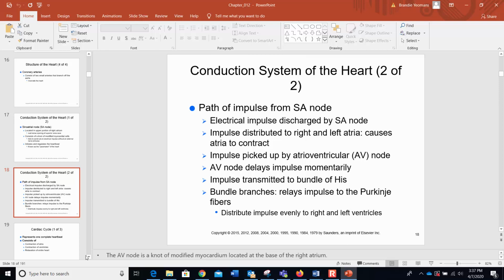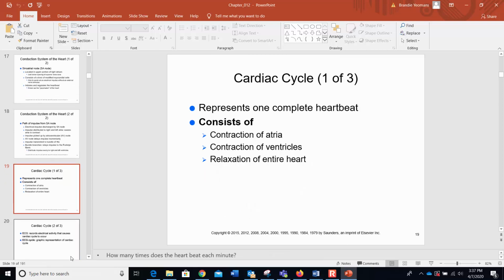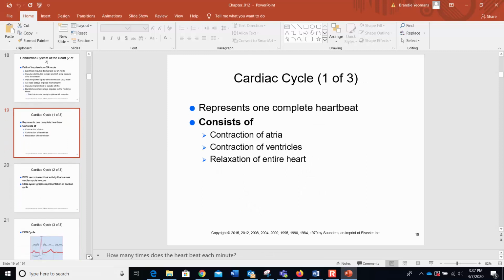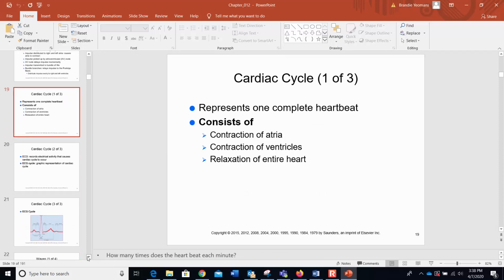Then that AV node delays the impulse momentarily, and then the impulse is transmitted to the bundle of His, and then the bundle branches. Those bundle branches relay the impulses to the Purkinje fibers, which now we see that impulse evenly going out to the right and left ventricles. So that's just a good little picture of how that heart is contracting and how the blood's entering and leaving.